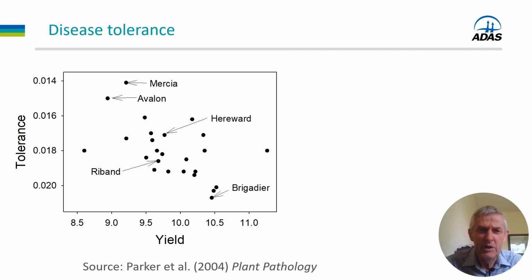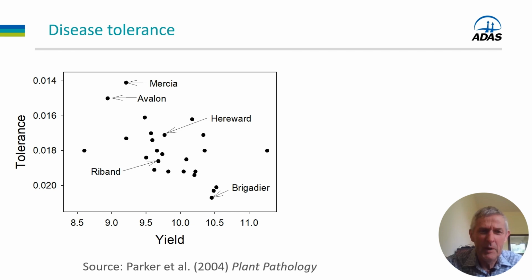So the first thing we showed was that there was significant variation, meaning both significant in terms of its value to growers, but also significant statistically. But the other trend that we saw, albeit a little weak, was that the varieties with the high yield potential tended to have somewhat lower tolerance. And we'll come back to that point later on.